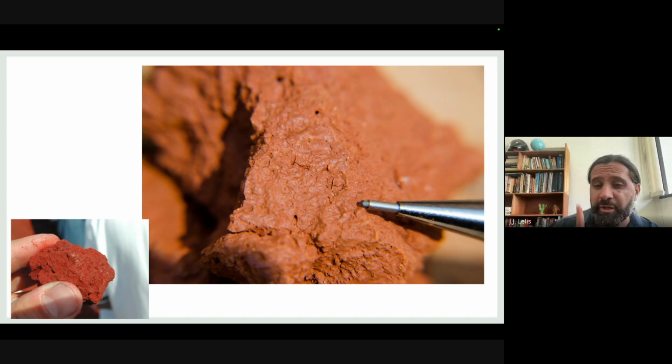So a lot of times you can see darkish colors in this natric horizon because of this clay movement and because of the organic matter movement that's connected to the chemical dispersion of aggregates because of salt, especially sodium precipitation at the surface.